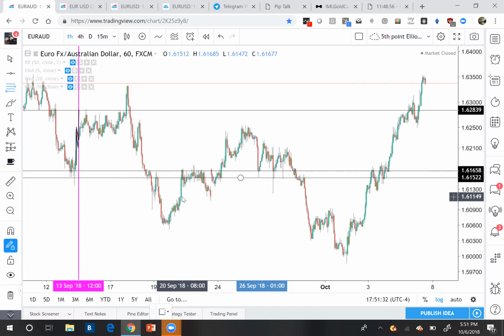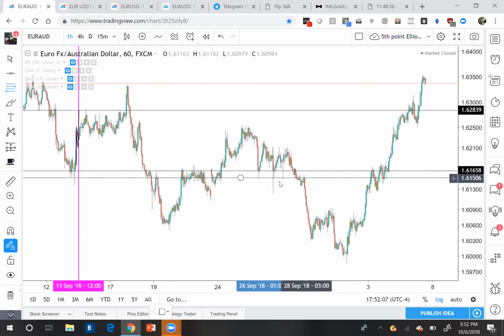If you look on the right, you will see there's a plus sign and a label, and that label shows a price. That is the price where my cursor is right now. If I move the cursor, you see the price changing. At the top of the candle, the price is now 1.61530. So the difference between the two prices is the amount of pips that the price moved up.